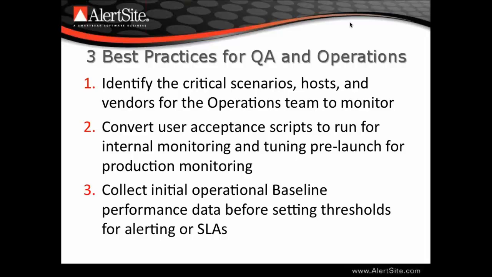Second, convert the selected scripts you use for pre-launch testing and tuning to those production monitoring scripts. And this example actually comes from a group of users in our own customer base. They utilize the Insight appliance internally and use it for monitoring and testing their user acceptance testing environment, as well as some internal applications.